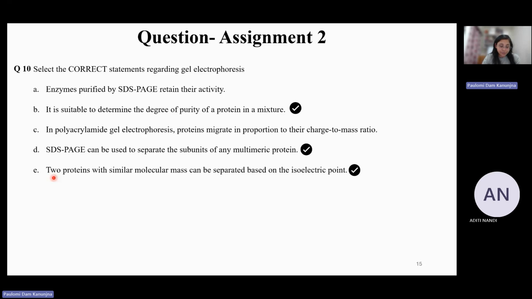That's also correct, because that's the principle of isoelectric focusing. If you have the same mass, then you separate them based on their isoelectric points. So C is incorrect because it's based on the size, and B is correct because you do see multiple bands and you know about the purity of the sample, right?